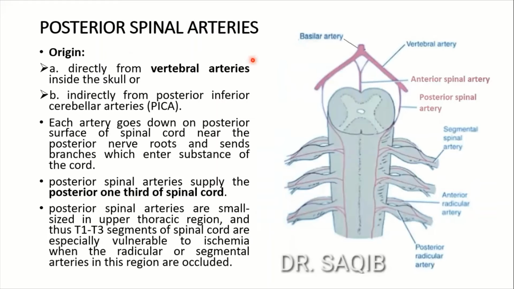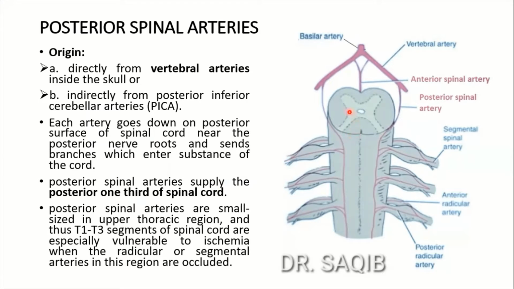Here I have put into words the same discussion. The posterior spinal artery can come directly from the vertebral artery, or indirectly from PICA, the posterior inferior cerebellar artery, which is also a branch of the vertebral artery. As I told you already, the posterior spinal arteries supply the posterior 1/3 of the spinal cord.